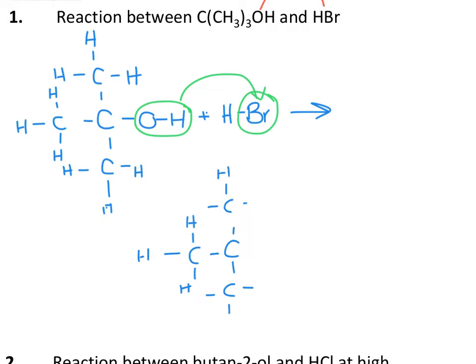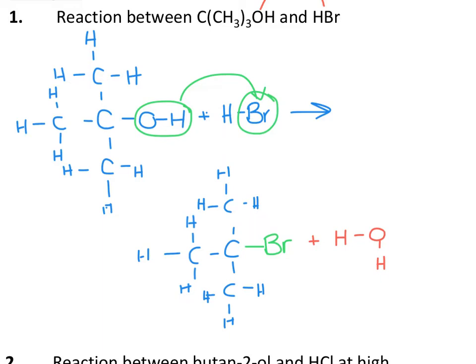We're not going to be able to change any of that. But what we are going to do is we're going to replace the OH with the Br. Then no, it's not going to become an arrow. That's just silly. It's going to be a plus. What we're going to end up doing here is then we're left with water. All right, and in the naming, wherever the alcohol is, that's where the Br was.